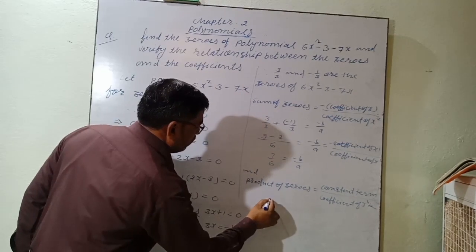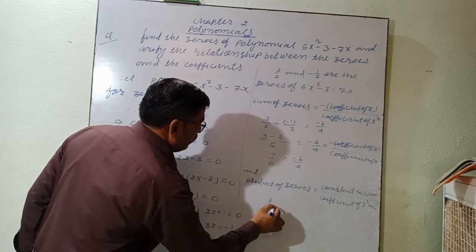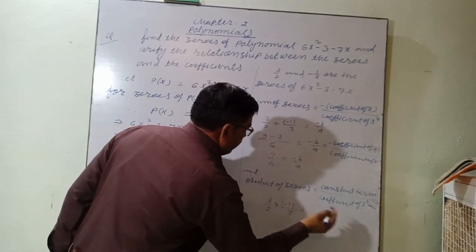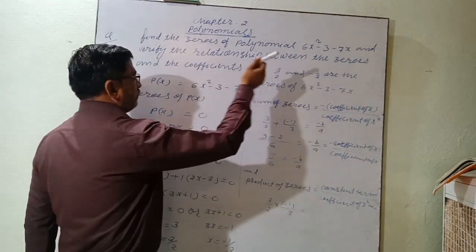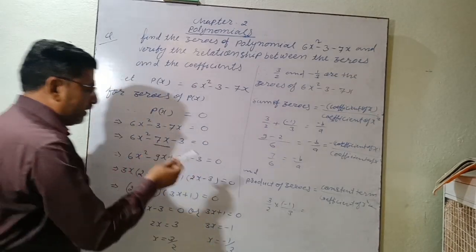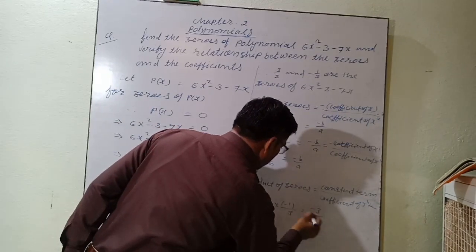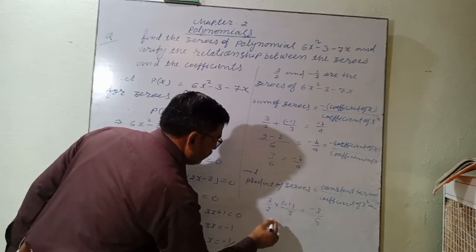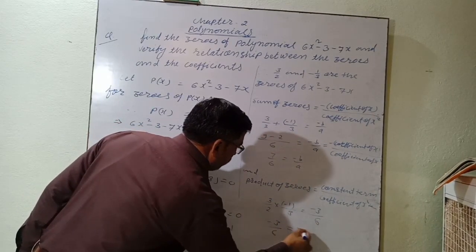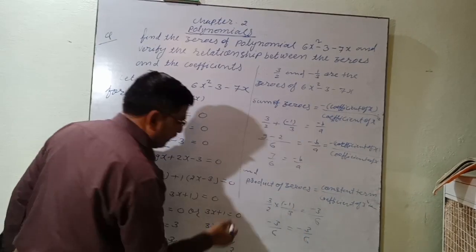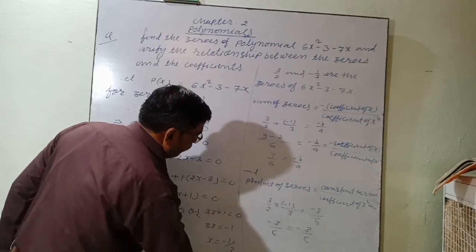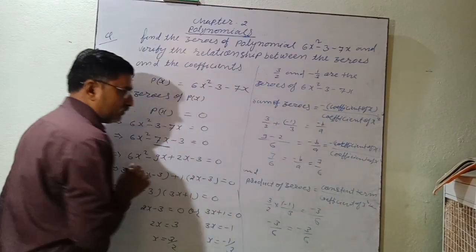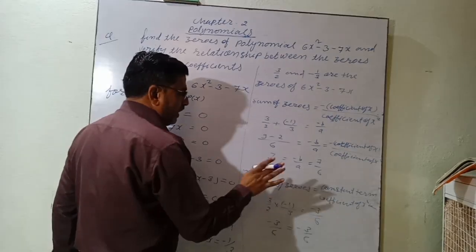Product of zeros, 3 upon 2 multiplied by minus 1 upon 3, and constant term, look at this, constant term is minus 3 and a is what, 6. So minus 3 upon 6 equal to minus 3 upon 6. LHS equal to RHS. Then verified.